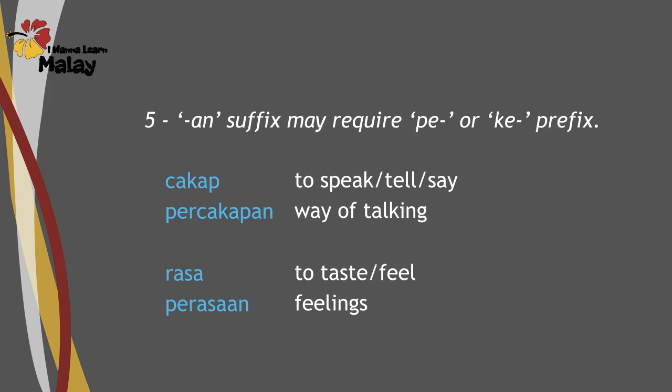Do we use pe or do we use ke, or can we just rely on an at the back of a verb to change it to a noun? But for now, for this lesson, we just want to try and explain what it means so that you can differentiate between additional kan versus an additional an at the back of a verb.